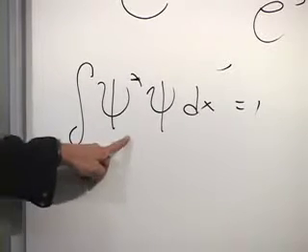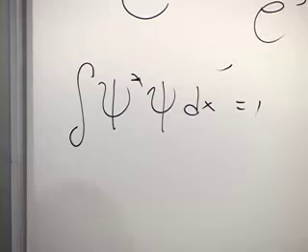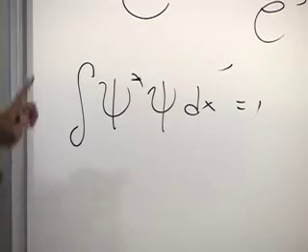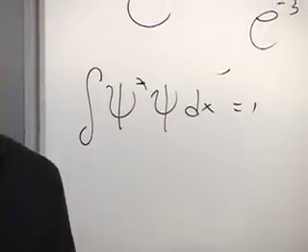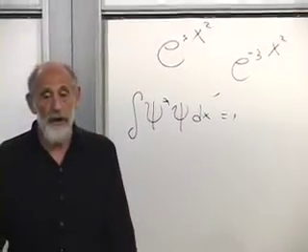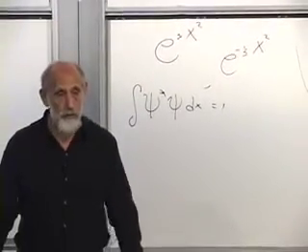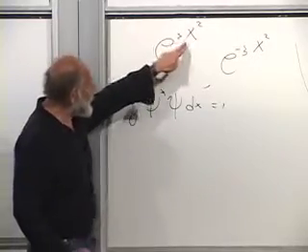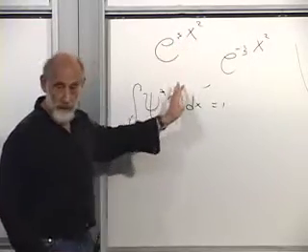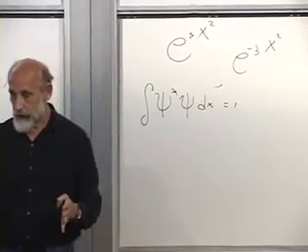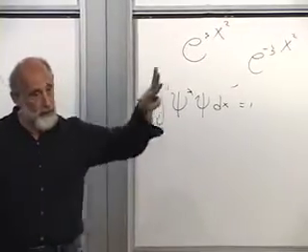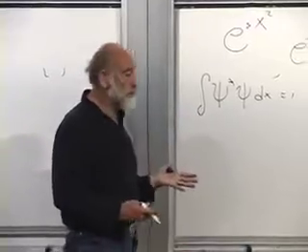They would not be square integrable. So the trick is to look for values of E which allow solutions in which the exponentially increasing part is absent. There are certain discrete values of the energy where the exponentially increasing part just isn't there.